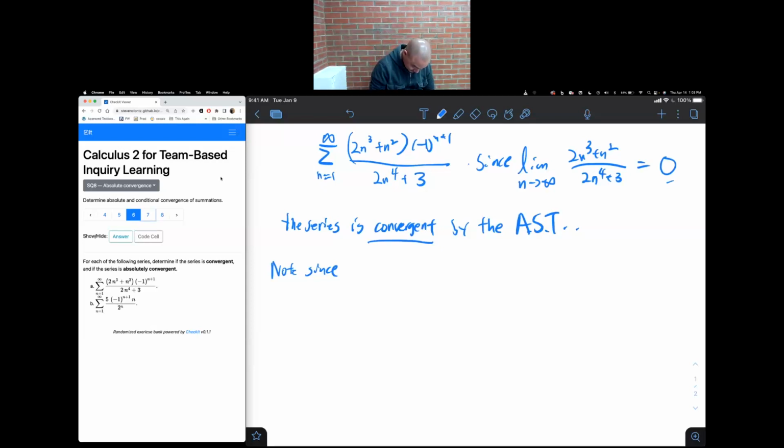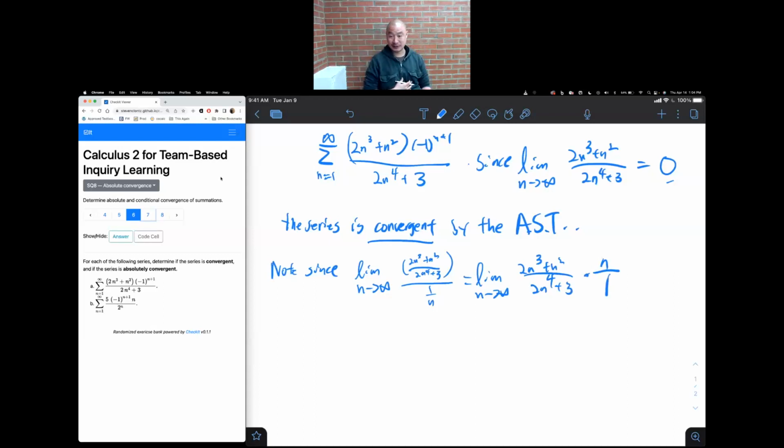Since the limit as n goes to infinity of our series, which is this rational expression, divided by the harmonic series terms 1 over n, which I will quickly rewrite in a more legible format that is easier to work with.